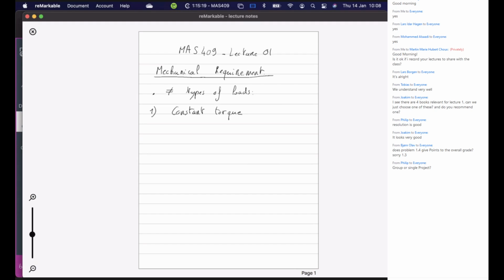This means that if we look at the graph on the speed, with n the speed in RPM of the motor, and the load torque TL in Newton meter, then a constant torque application will require a constant load torque at any speed. So it will look like this.